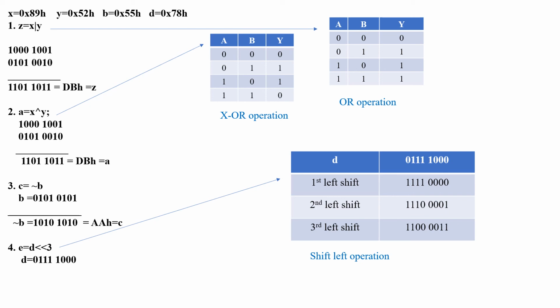Third shift: one more time you are shifting the data towards the left. So your result is 70H. This data is stored in variable E, and finally it is displayed to port 3.